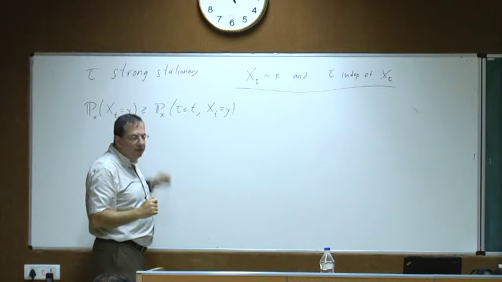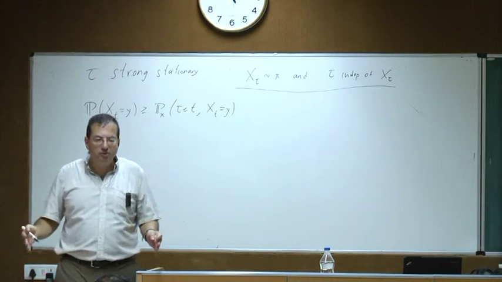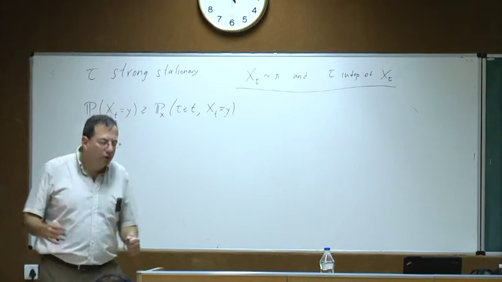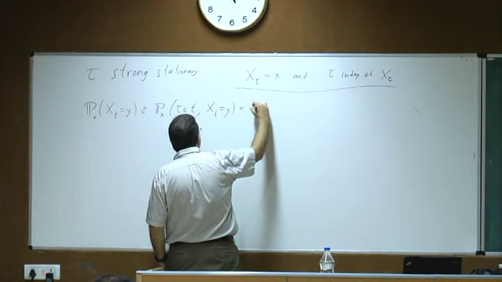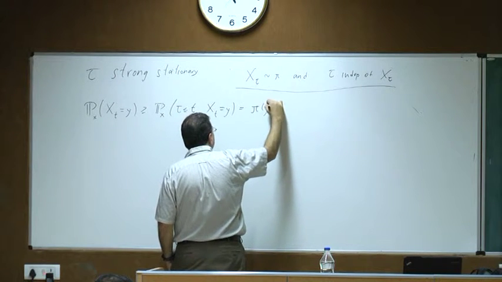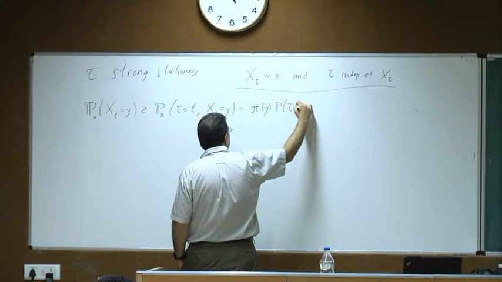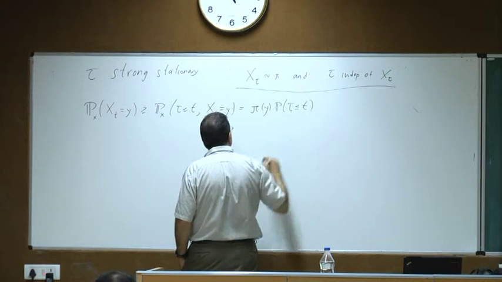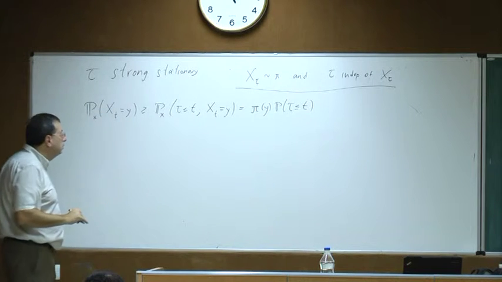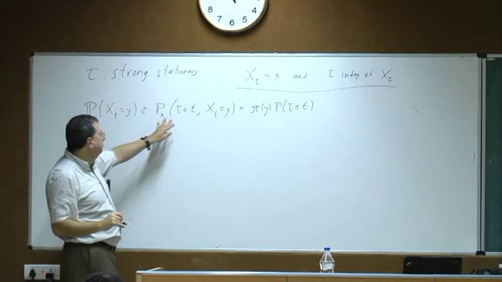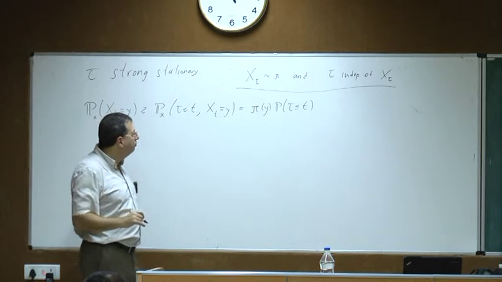But if tau is less than t, then at time tau we're at the stationary distribution, and after we're at the stationary distribution, we stay at the stationary distribution. So this is equal to pi of y times the probability of tau less or equal t. This uses the definition of strong stationarity in that form.